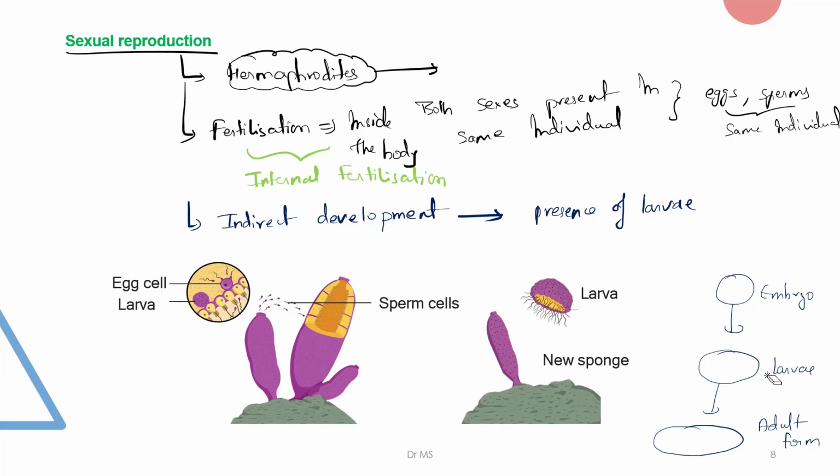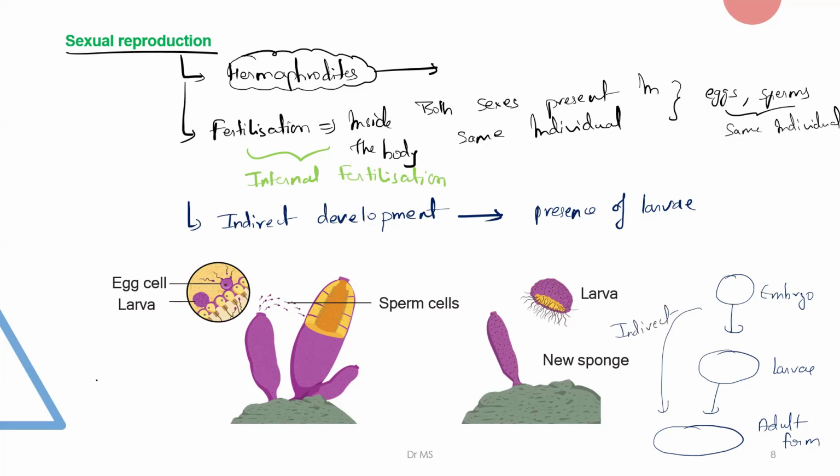Suppose you see the example of a frog: the embryo develops into a tadpole. The tadpole looks somewhat like a fish-like structure, but the adult form looks like the actual frog. And the tadpole and the adult frog are completely different. So we call this kind of development indirect development.